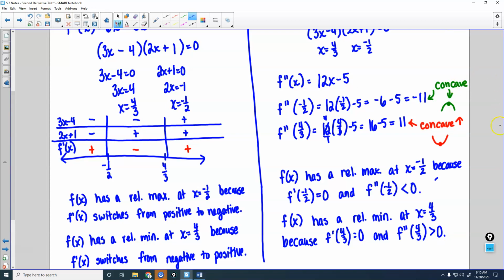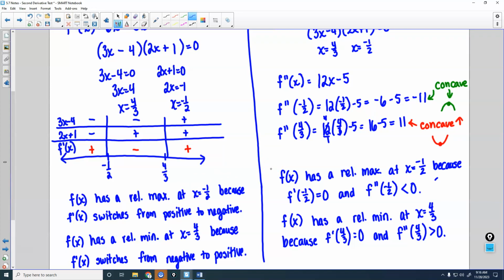The cleanest way to write this is to put f prime of 4/3. That means the first derivative at 4/3. It is acceptable to say f prime of x equals 0 and f double prime of x is greater than 0. But if you do that, you must say at x equals 4/3. You have to show it's at that point because it is not true that this is always 0, right? So you must make sure you're showing it's at that point. I like to just do f prime of 4/3. That means the derivative at that point, and then you don't have to use as many words for that.